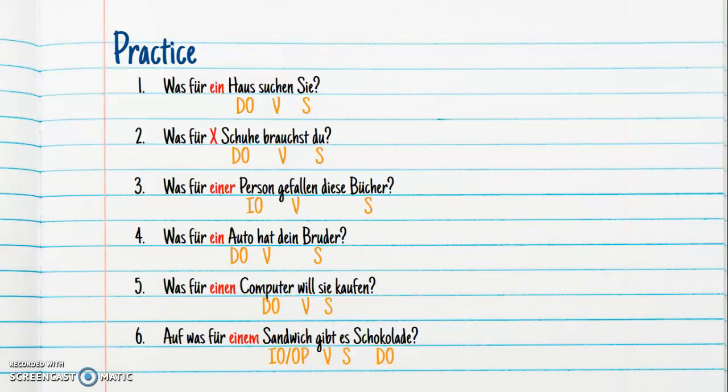And number 6, auf was für einem Sandwich gibt es Schokolade? Here we have a verb, gibt. The subject is es. Es gibt means there is. So what is there? Or literally, what does it give? And that would be chocolate, Schokolade. So that's our direct object. Now, one extra thing we have here is auf.